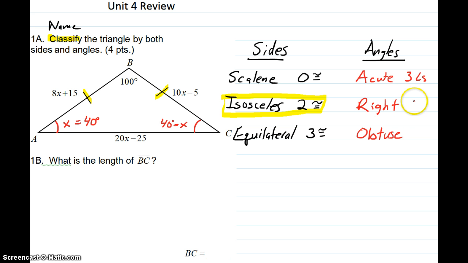A right triangle has 1 right angle, and an obtuse has 1 angle bigger than 90. So as you look over here, you see this 100, so that means that we have an angle that's bigger than 90, and so this would be an obtuse triangle. So the answer to 1A, 2 answers, it's isosceles and obtuse.